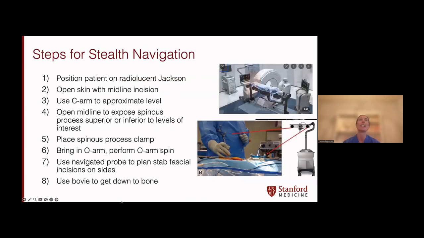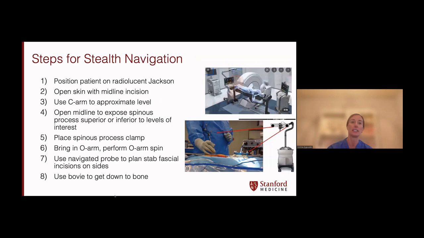And so when I'm doing stealth navigation, in particular for a case like the one that I showed you, which is the mini open separation surgery, we'll walk you through the steps. So we position a patient on the radiolucent Jackson. In the particular case of a mini open surgery, we'll do a midline incision through the skin, use the C-arm to approximate the levels that we're operating on.